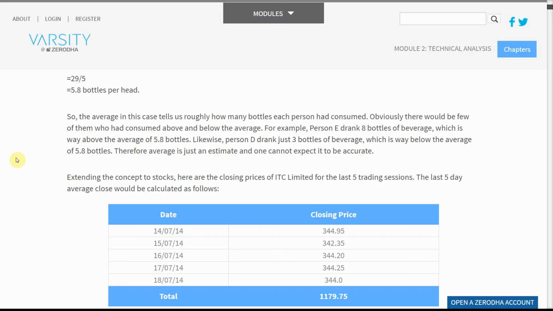Extending the concept to stocks. Here are the closing prices of ITC Limited for the last 5 trading sessions. The last 5-day average close would be calculated as follows.